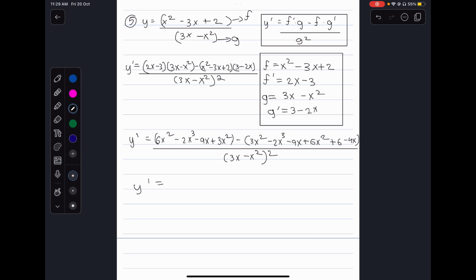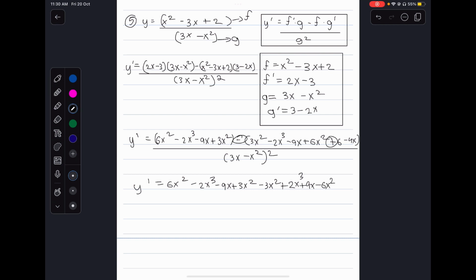Now you can start removing the brackets, but be careful with the second expression because you have a negative sign in between, and positive will give you negative, and then negative times negative is positive, and you can write the terms as is, and then negative times negative is positive, again 9x, and then positive times negative is negative.